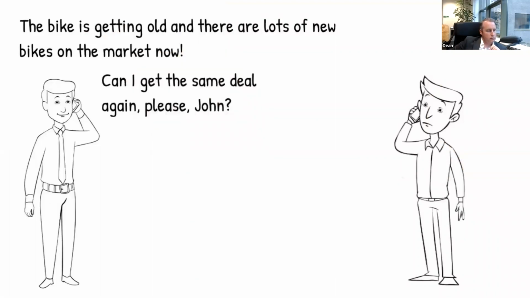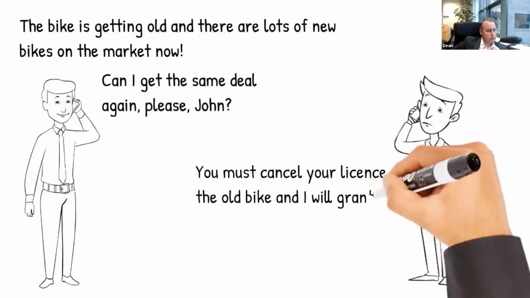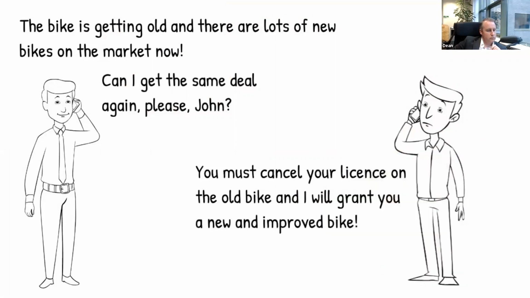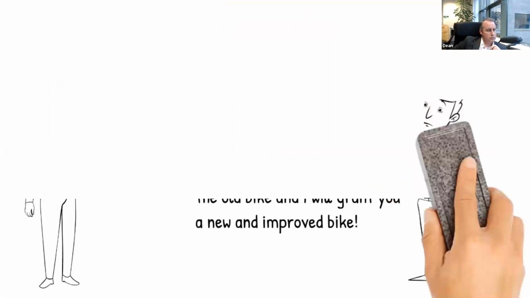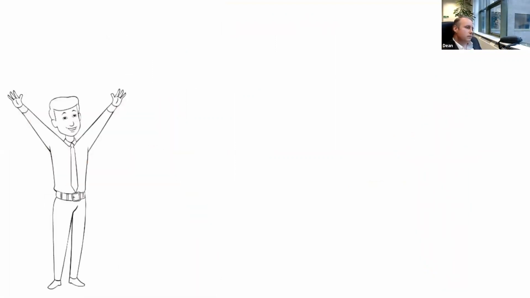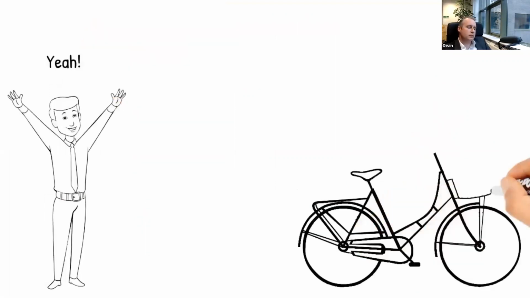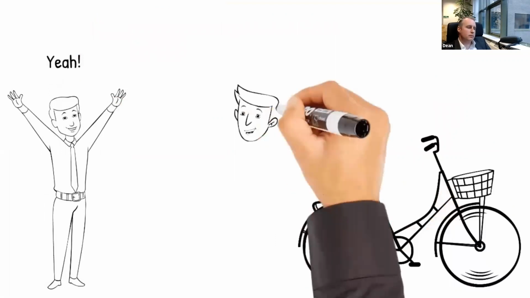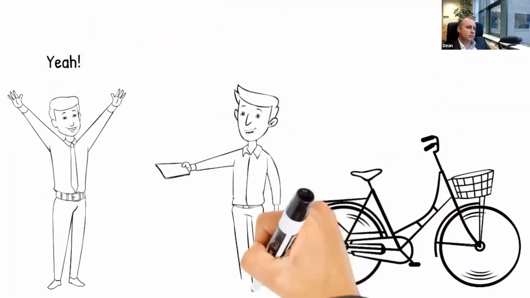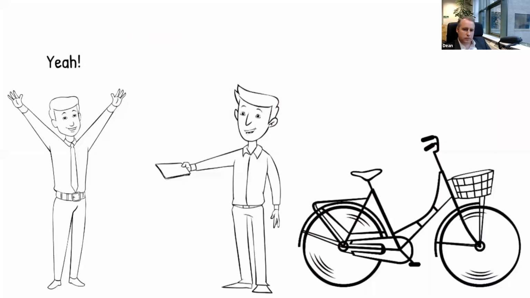You must cancel your license on the old bike and I will grant you a new and improved bike again on a perpetual basis. Paul is delighted and can't wait to get his hands on his new flash wheels and happily gives John back the old bike. Paul's elation is short-lived when John presents him the terms of the new deal for the flash new bike.